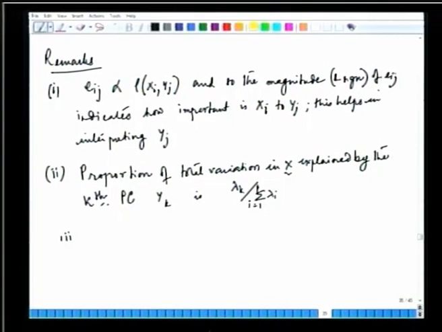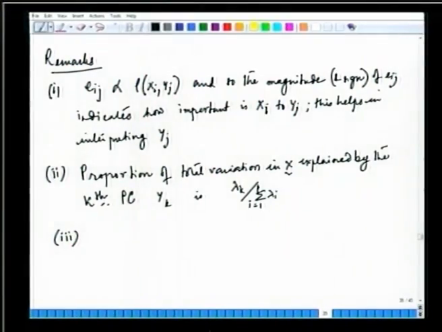Okay. Then again, it is not necessary that I consider the principal components in isolation, that I should say that 1 explains the highest variability, so I stop at 1. No, I can consider 1 and 2. 2 dimensional is also good enough for me. So, in that case I have to look at the total variability explained by the first principal component and the second principal component.